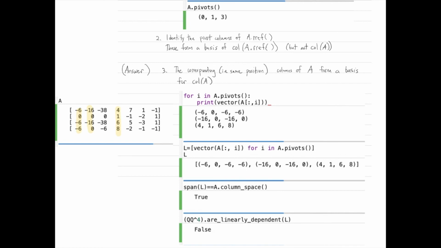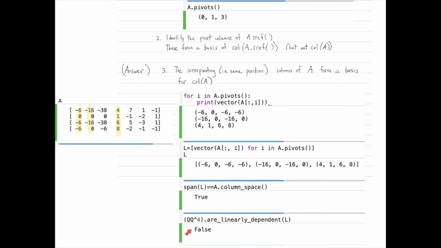And then I can also ask, are these vectors in L linearly dependent? And to do that, I need to say that I'm working in the space Q to the 4th or R to the 4th, because these vectors here have 4 components, so they're in R to the 4th. And are they linearly dependent? If they are, they won't form a basis.